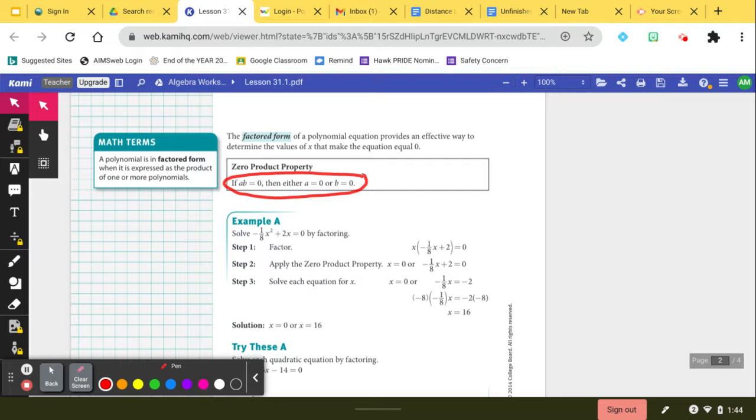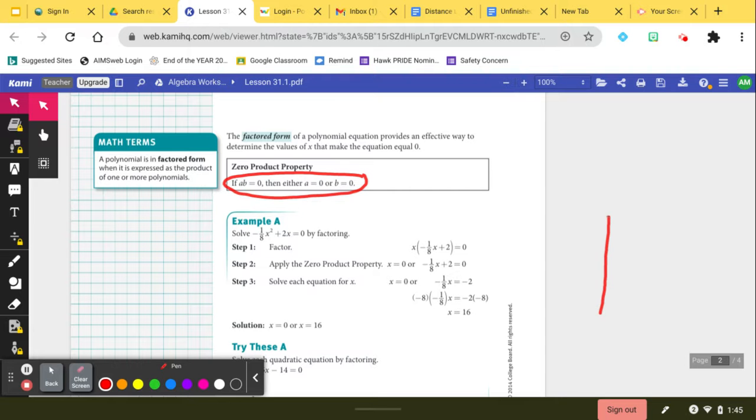And the factored form of a polynomial equation provides an effective way to determine the values of x that make the equation 0 using our zero product property. And remember that factored form means that we're writing our polynomial in terms of multiple things being multiplied together that would lead to our product.